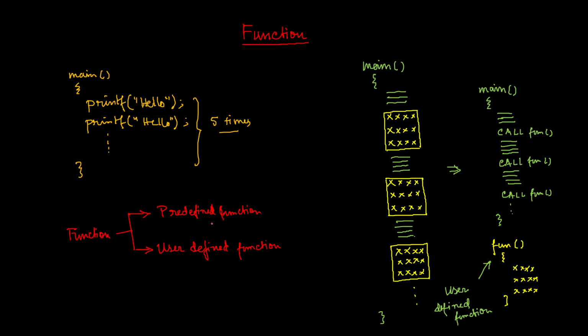What is an example of a predefined function? For example, clrscr, getch, printf, scanf, whatever. When you use the printf function, we don't exactly write how this printf function prints the data on the screen. So where is it written?